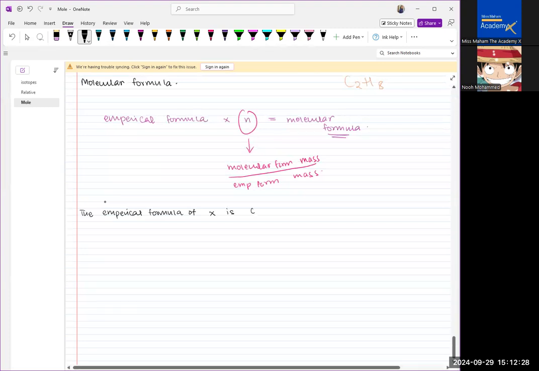The empirical formula of X is C4H10S, and the relative molecular mass of X is 180.42.